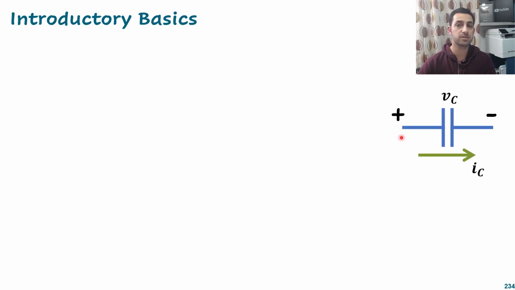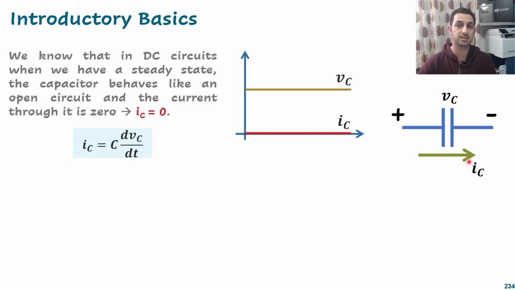So we can now start talking about the capacitor, and I think it's the same. We know the current in a capacitor in DC circuits at steady state equals zero. We have a voltage here, but the current at steady state equals zero because the current depends on the variation of the voltage, and because there is no variation over time, IC equals zero.